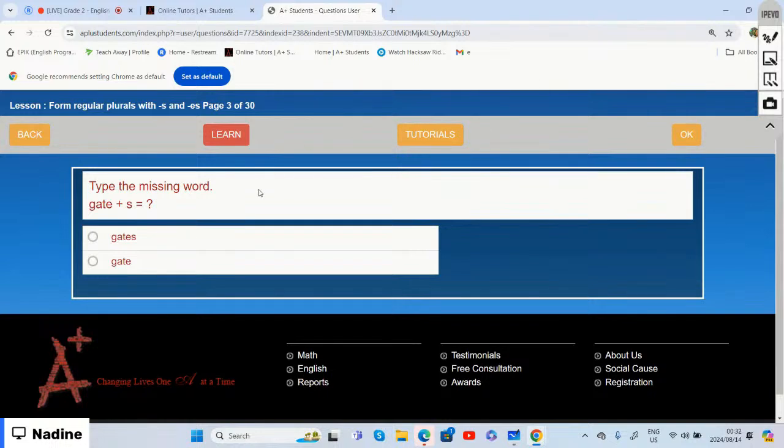Gate plus S. Does that show we have more than one gate, which is gates or gate? Option 1 or option 2.